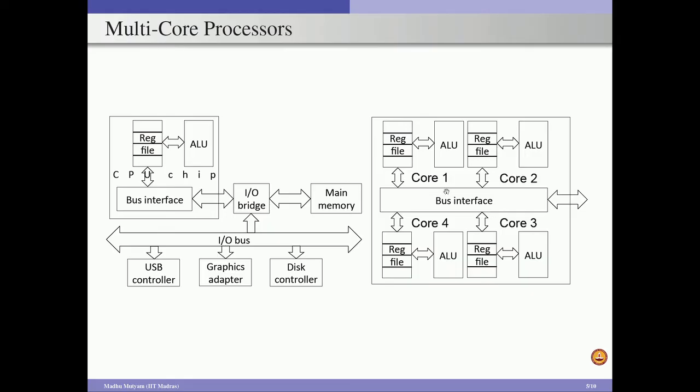Once such a system is there, we can execute independent applications or multiple threads of the same application on all these cores simultaneously, so that we can improve the overall throughput of the system, which in turn improves the performance of the system.